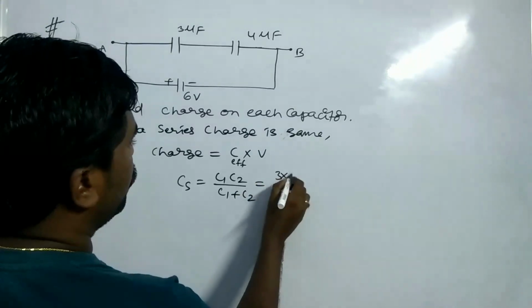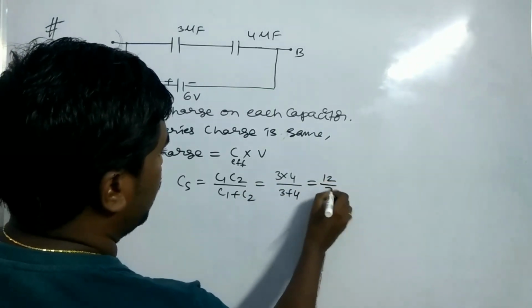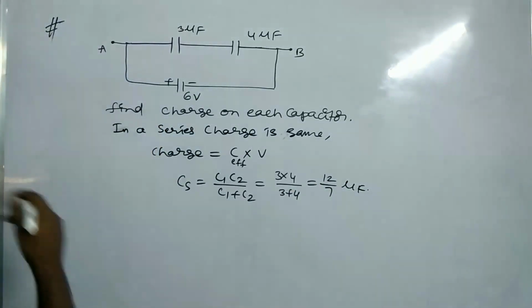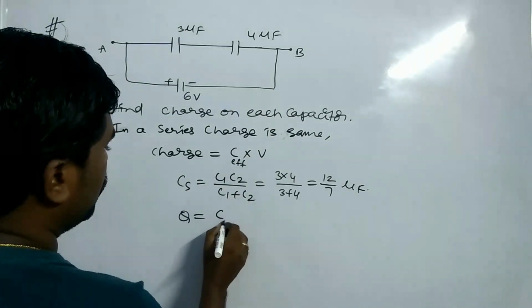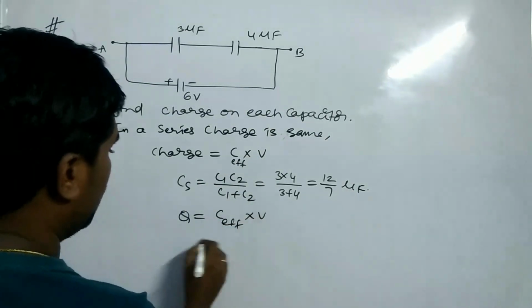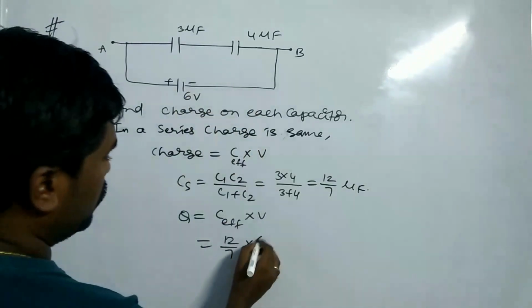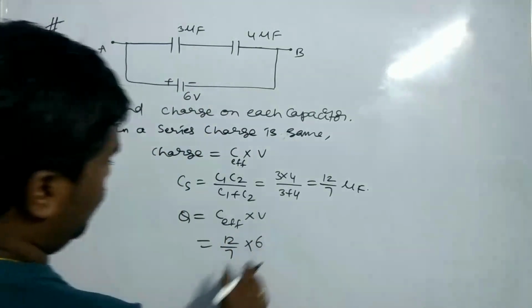C1 C2, 3 into 4 by 3 plus 4, it is equal to 12 by 7 microfarad. Okay, so the charge Q is equal to C effective into potential. So 12 by 7 into 6 volts.